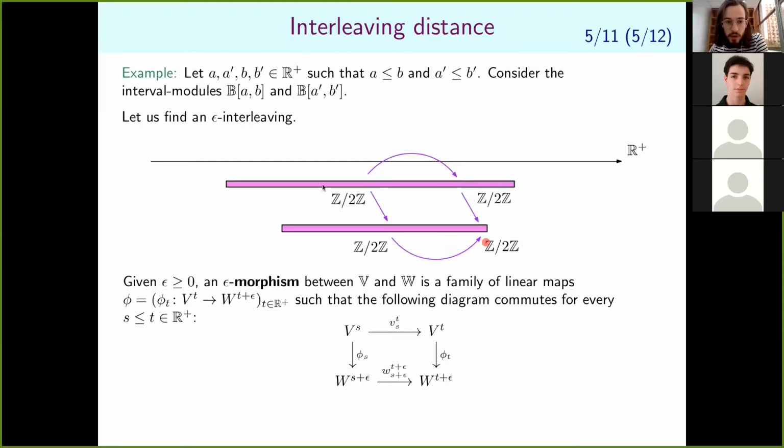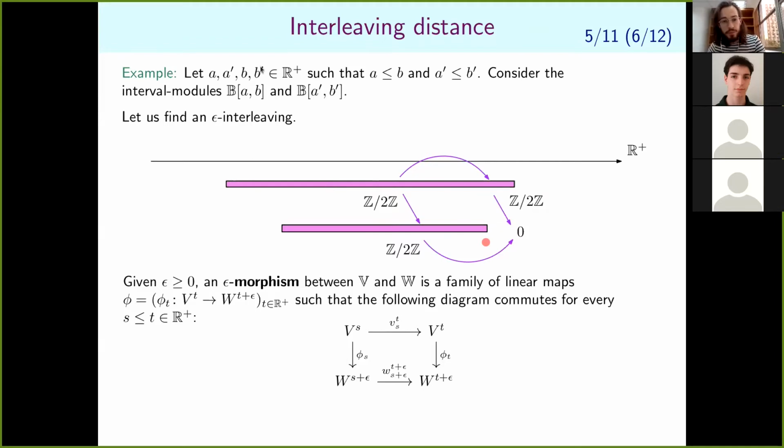Okay, what happens now if I go a bit further and I go out of the interval? So what I get is that I obtain here a vector space at the end that is 0, because I'm outside the second interval.